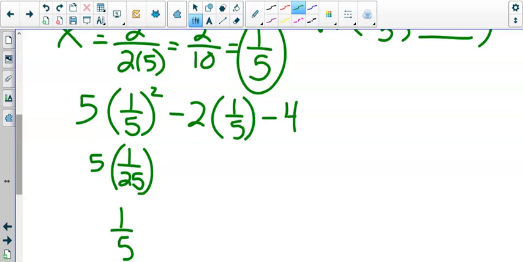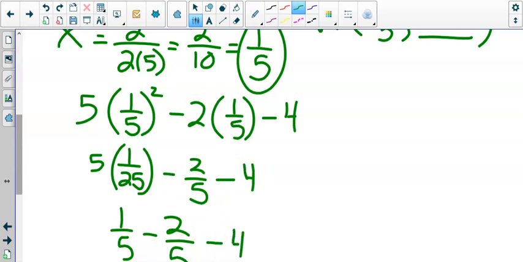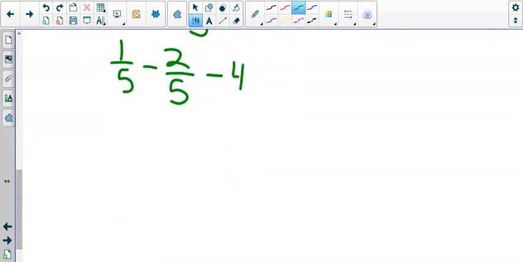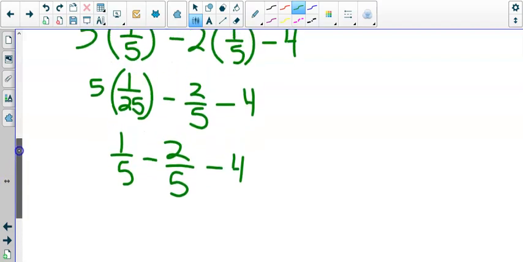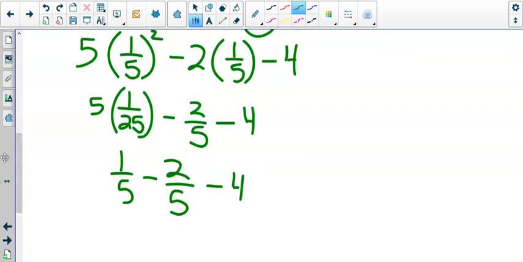What's 2 times 1/5? And then all we're going to do is subtract 4. So down here, all you have to do now is take 1/5 minus 2/5 minus 4, and that will be the y value. So what do we get when we take 1/5 minus 2/5 minus 4?